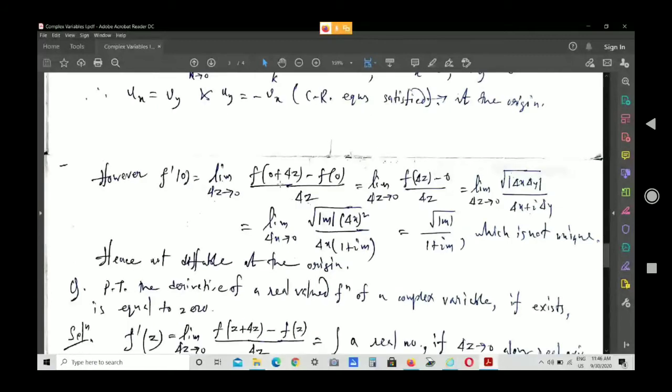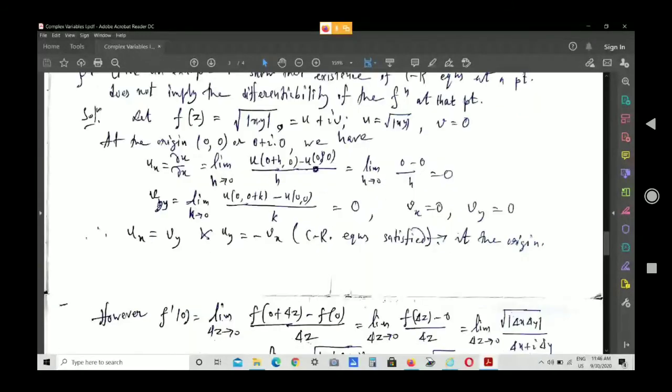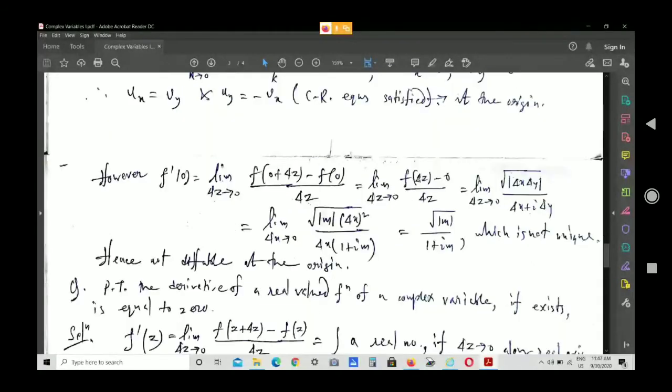Our function was f of z equal to square root of mod xy. So f of del z will be square root of mod del x del y, divided by del z, where del z is del x plus i del y.